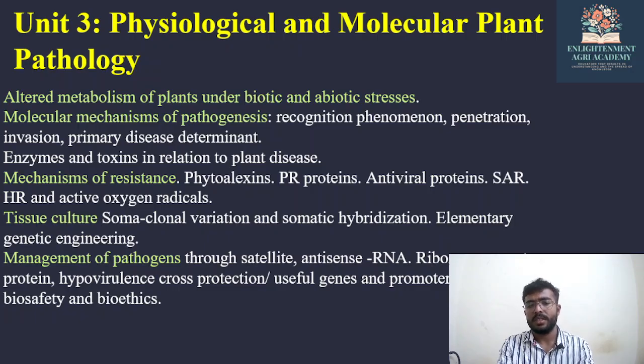We will discuss that. Then enzymes and toxins in relation to plants, then mechanisms of resistance: what is meant by phytoalexin, PR proteins, antiviral proteins, SAR, systemic acquired resistance, HR, then active oxygen radicals, and how they are used in disease resistance mechanisms.